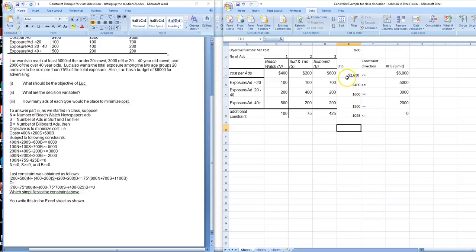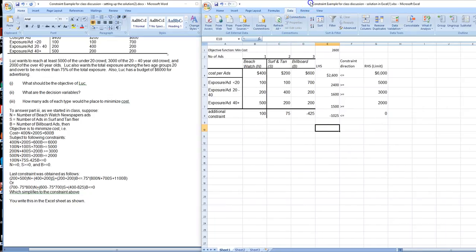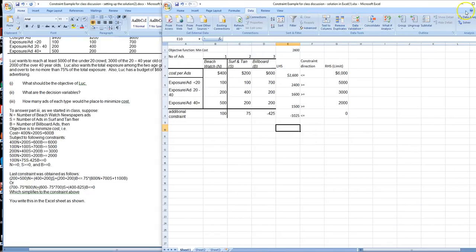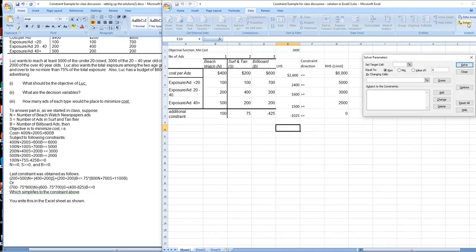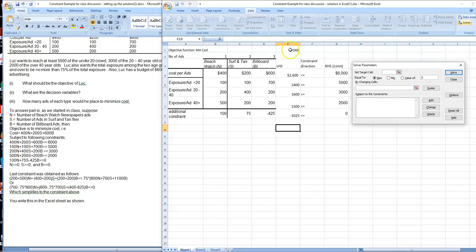So how would we now solve it? To solve it, you again say data, and then you go and pick solver, and then we want to specify the target cell, which is cell E1. So we say this is E1.